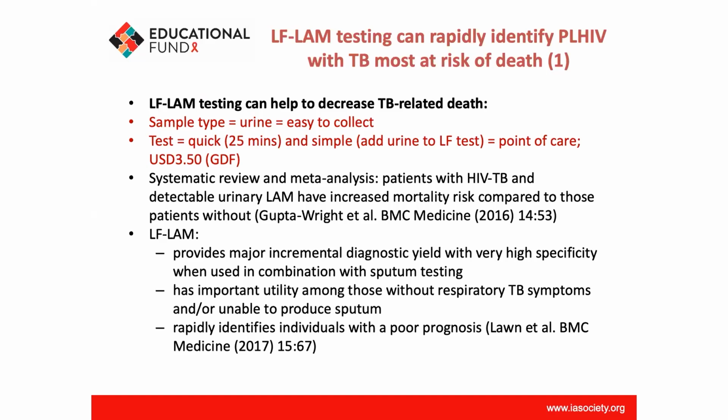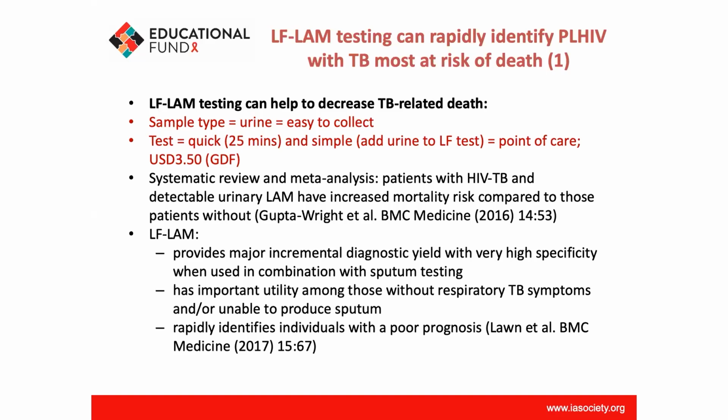And there have been a number of studies to support this mortality benefit. For example, there was a systematic review and meta-analysis of patients with HIV and TB showing that detecting urinary LAM has increased mortality risk compared to those patients without detectable urinary LAM.